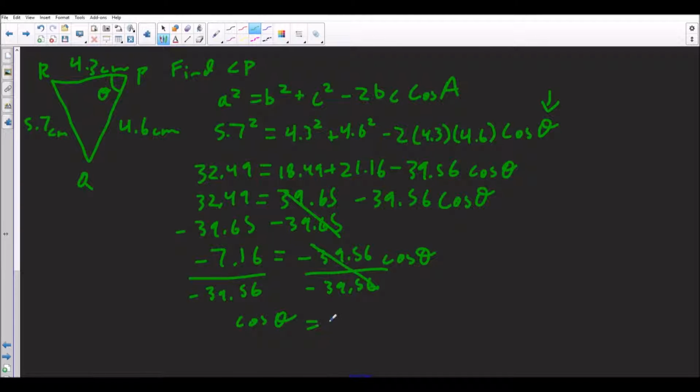So that's going to equal 0.1810. And then we just take the cos to the negative 1 of each side, the inverse cos of both sides. And what we get then is theta is equal to 80 degrees. So this angle in here is 80 degrees.